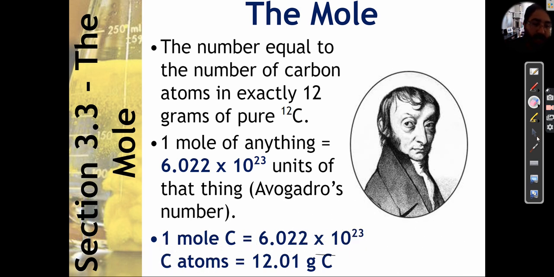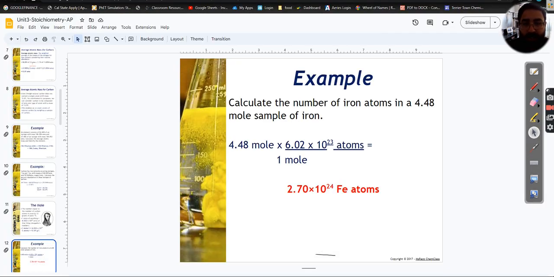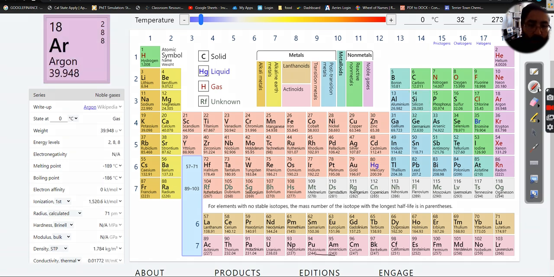So if we take a look at anything on the periodic table, it will give you the same amount of atoms, right? So carbon 12, this carbon right here, if you got 6.02 times 10 to the 23 atoms of carbon, it would have 12.01 grams as a mass. Same thing with nitrogen.